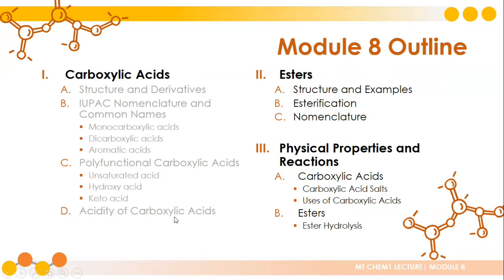And we've also discussed the acidity of carboxylic acids and how it produces carboxylate ions. For the next part of our module, kindly take a break before you proceed with the discussion of esters, along with the physical properties and reactions of both carboxylic acids and esters.